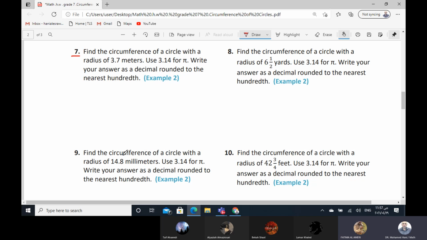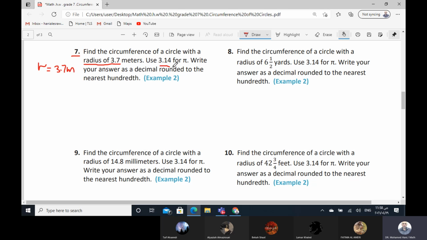Thank you, Fatima. So as you see here, we have the radius, 3.7 meters.